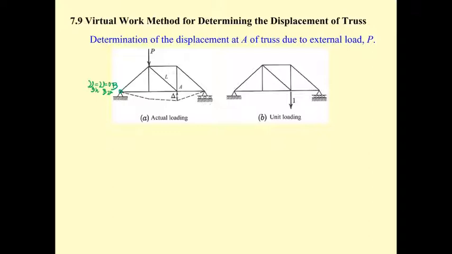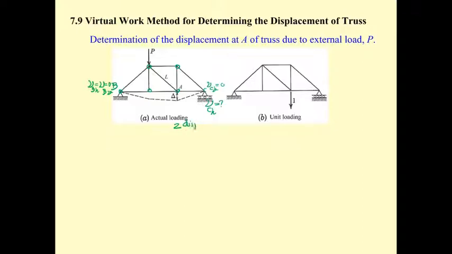This is a roller, so the deflection at C, in the vertical direction, is going to be 0. However, the deflection at C in the horizontal direction is going to be something, because it's a roller and it can move.